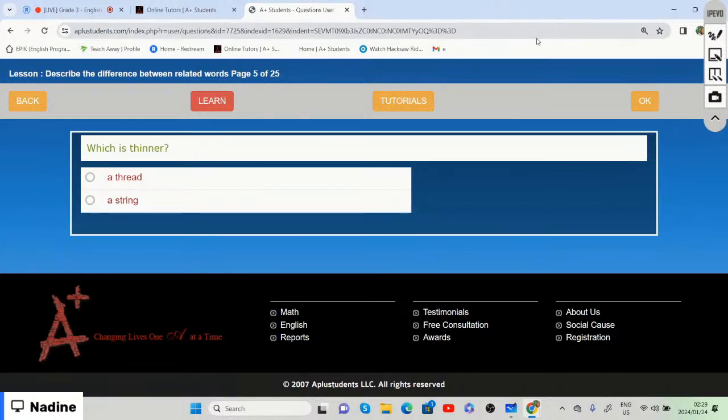So now we need to say which one is thinner, right? Is it a thread or is it a string that is thinner?